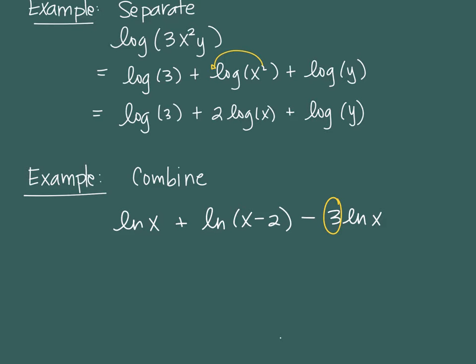Here's a coefficient right there. So you got to put it back. If that 3 is sitting in front, where did it come from? It came from being on the x, so now put it back. Okay, put it back in that spot. So ln x plus ln x minus 2 minus ln x cubed.